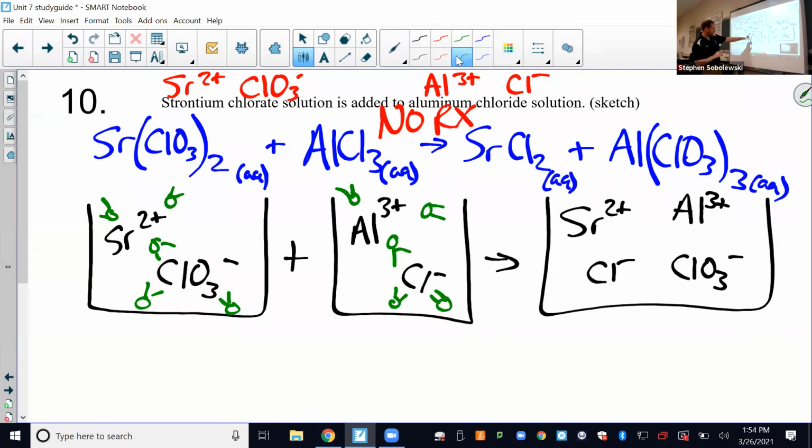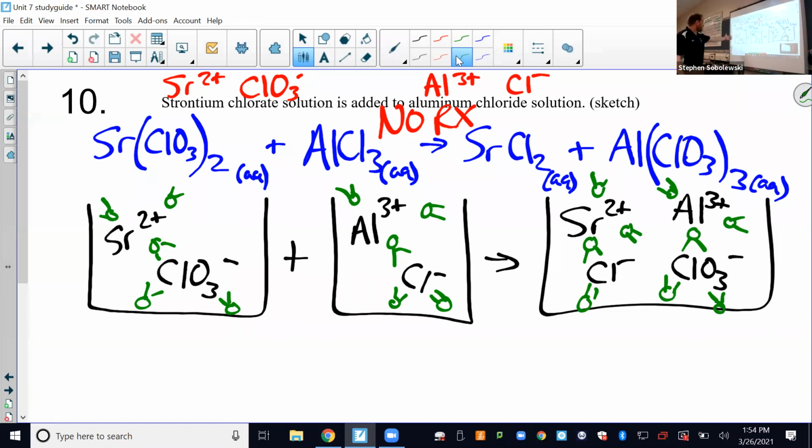Okay, yep, I'm pointing in the right direction. And then down here, pointing towards the positives and away from the negatives as best we can. Something like that.